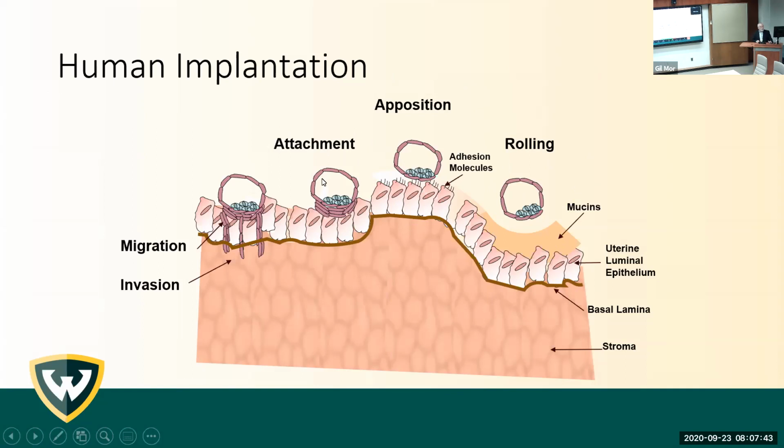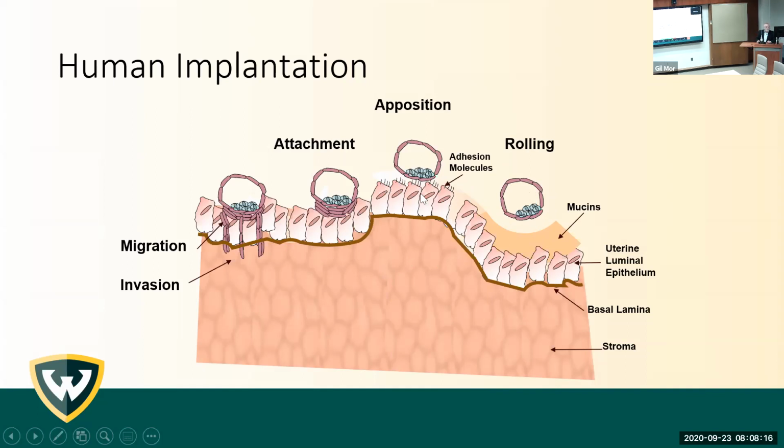We will talk in the next lecture, when we talk about microbiome and infections in pregnancy, about how these mucins are very important in the protection against infections. So the mucin is covering the whole surface epithelium. So when the blastocyst reaches the uterus, it sees a surface that it cannot bind. In order to have the apposition and the attachment, this mucin needs to be removed.